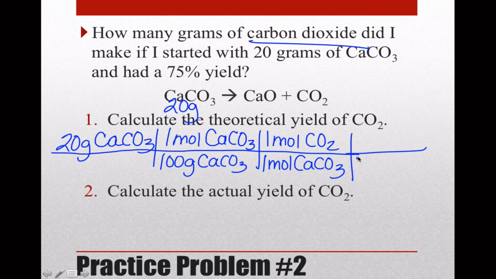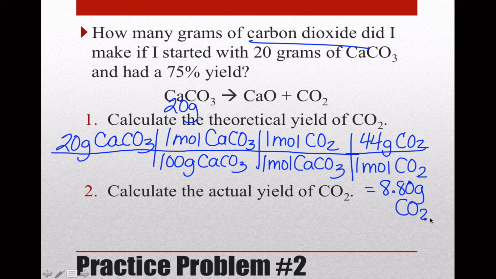And then 1 mole of carbon dioxide is 44 grams. So when I do that, I end up with 8.8 grams of carbon dioxide. Okay, that is my theoretical yield. That's how much I should have got.